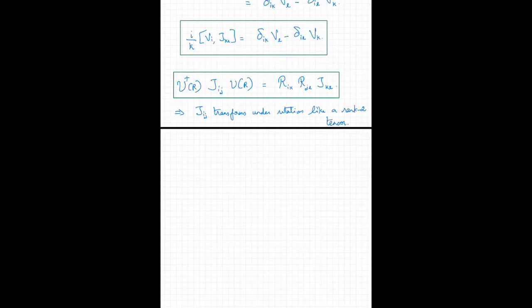Rank simply means the number of indices we are talking about. In this case, J_IJ has two indices, both of which transform like vector indices. So it is called a rank 2 tensor. Okay. So now, to get the commutation relations between J_IJ and something like J_KL, you employ the exact same strategy.